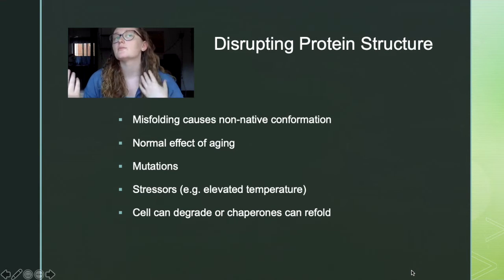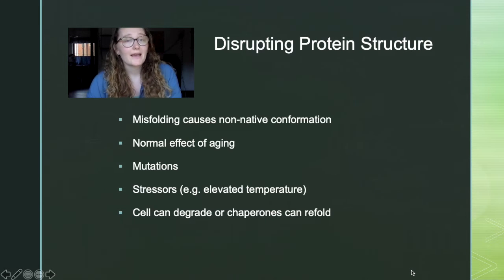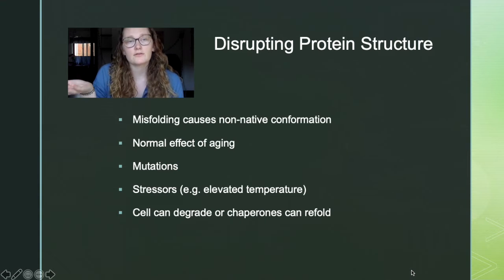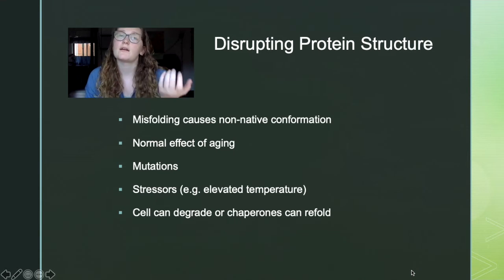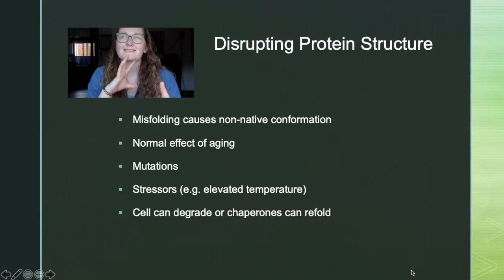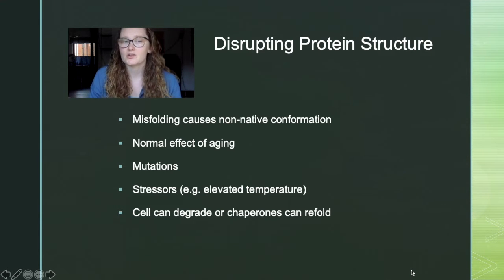Now, as I said, protein structure is vital to function. Well, that structure can be disrupted, and that can happen via a process called misfolding that causes a non-native conformation. Now, the native conformation is the conformation we want that has its function, but then we can have a non-native conformation where it doesn't have the right structure and it can't actually function properly.